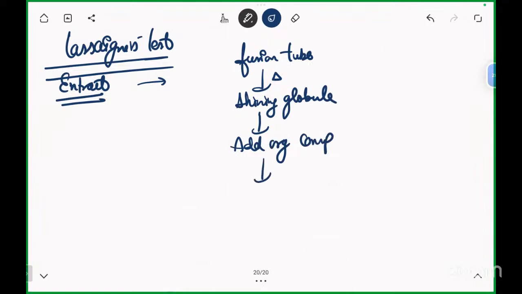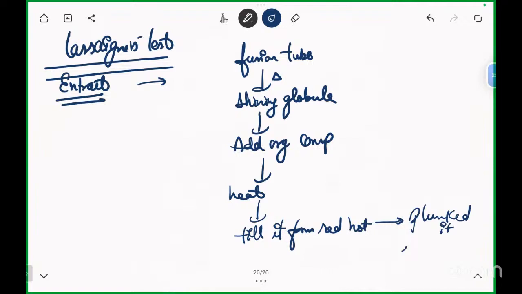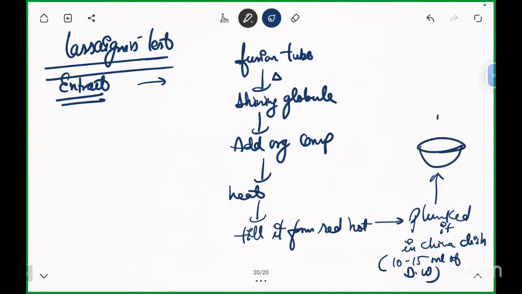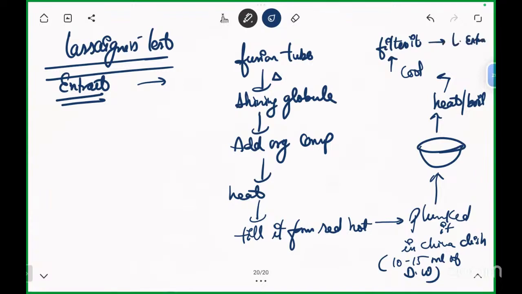Then you have to heat it till it forms hot, and then open it in water. Then you have to heat it, or you can say boil it, then cool, filter it. The remaining salt is like chocolate.